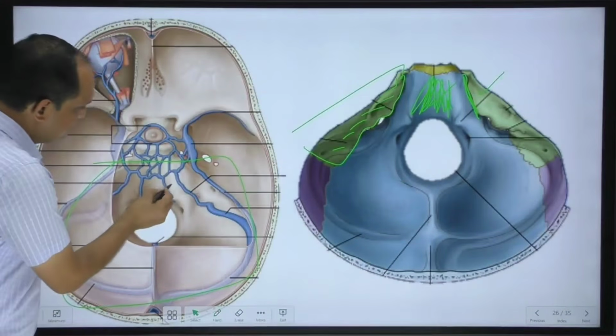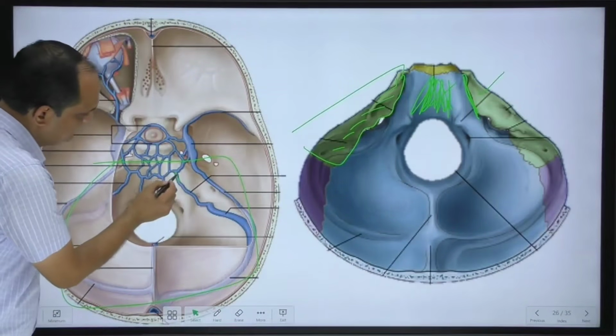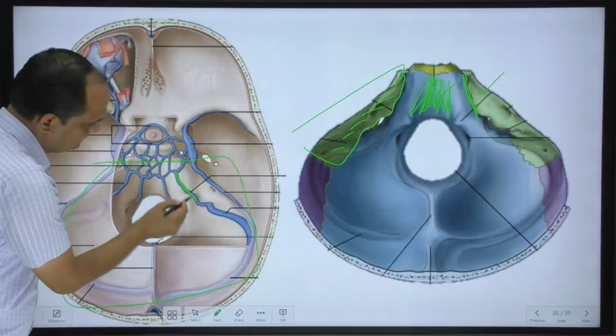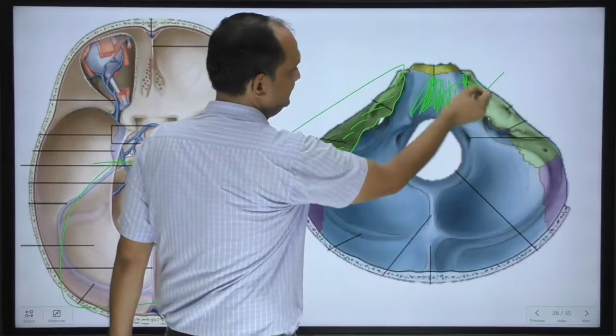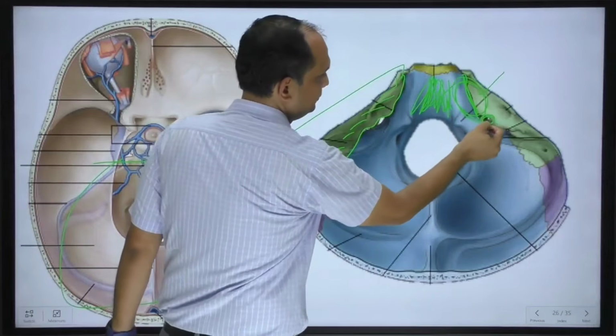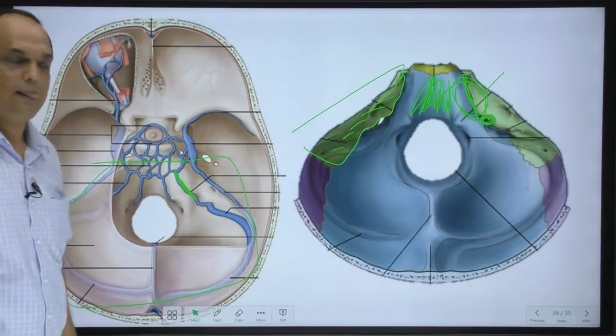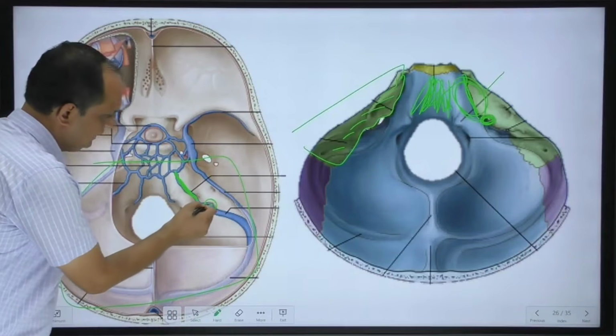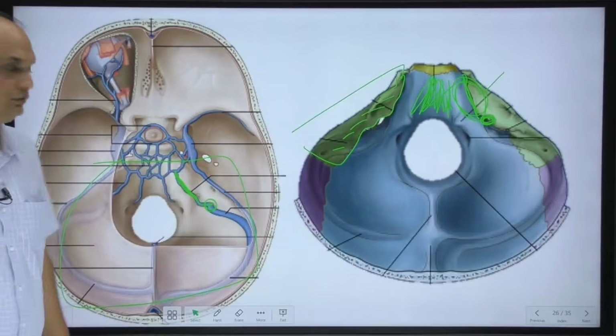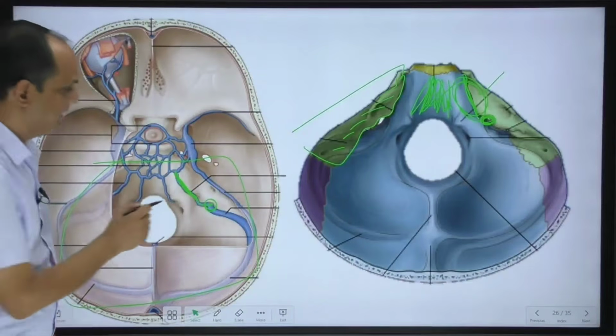That's why this is the inferior petrosal sinus, and this inferior petrosal sinus is running into this area. It is running into this area, and this is your canal for your jugular fossa. So ultimately this will reach up to this jugular canal from where the internal jugular vein starts. So where is the superior petrosal sinus?